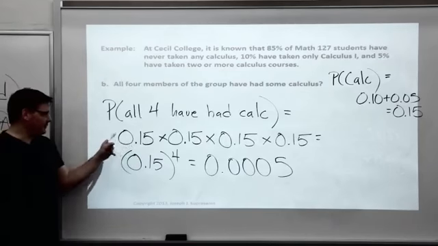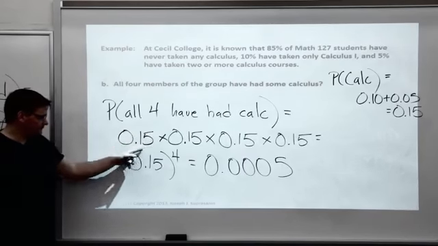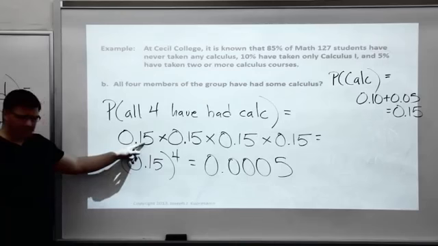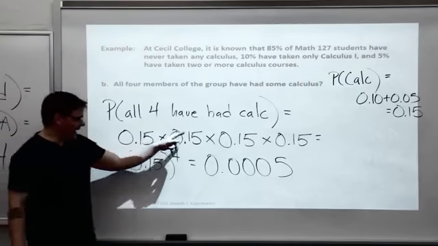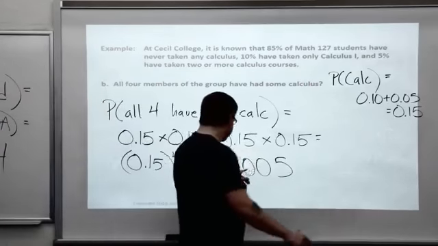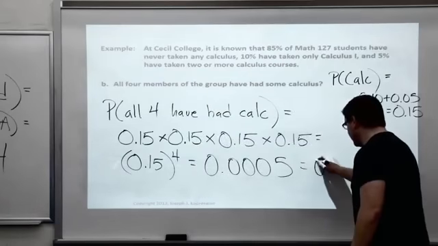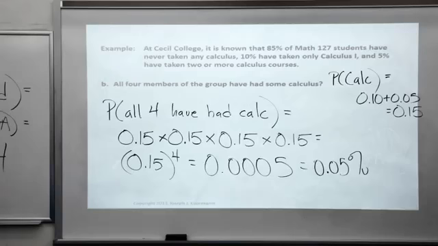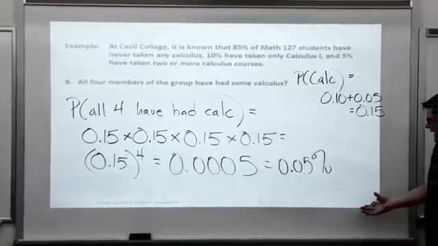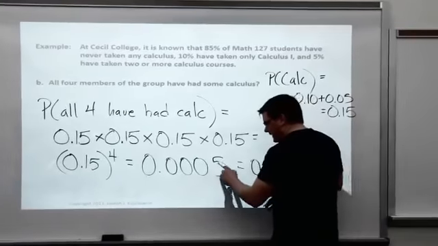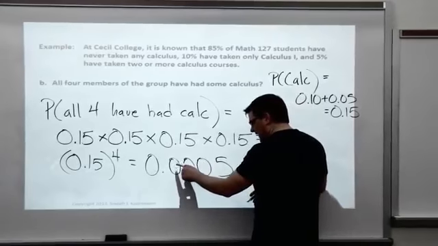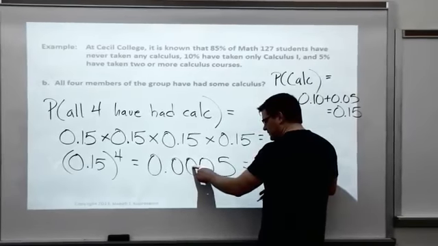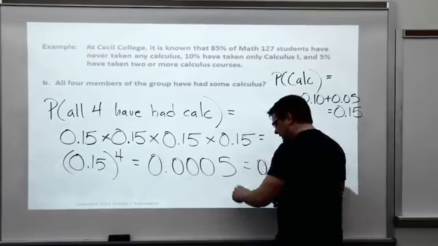Very small chance, small odds of that. But think about that. It's pretty rare for somebody to have calc at Cecil College, just 15 out of 100. And I have to do it again and again and again. As a percentage, this is 0.05%. And if you looked at the odds, this is quite rare, right? This is 5 out of 10, 100, 1,000, 10,000?